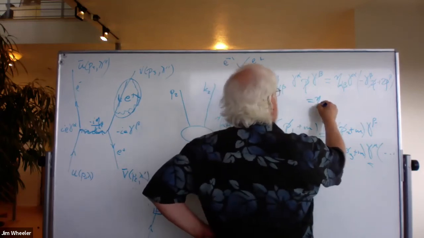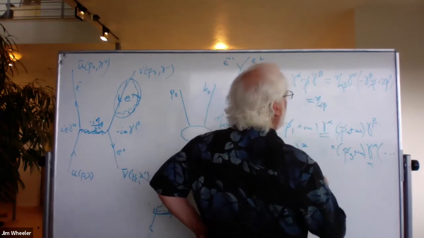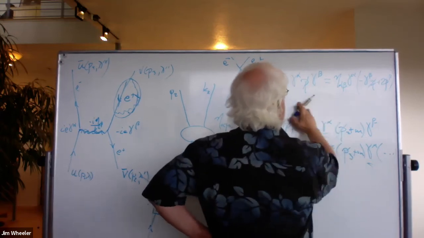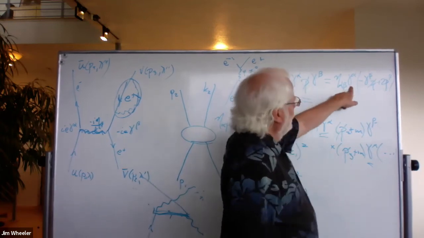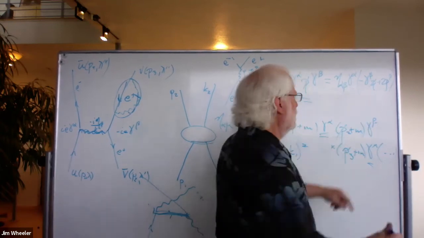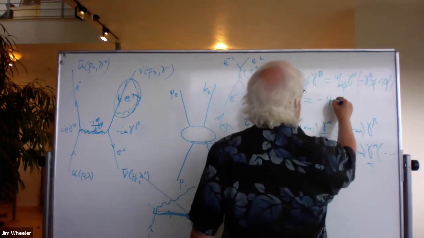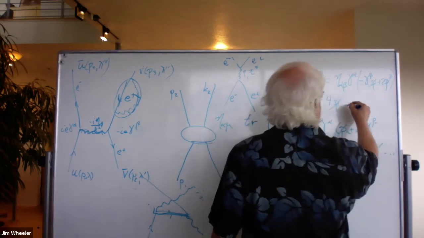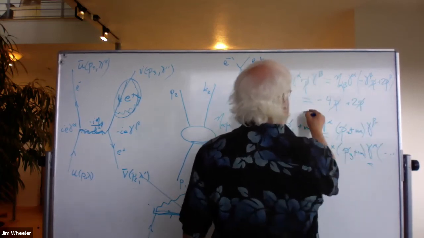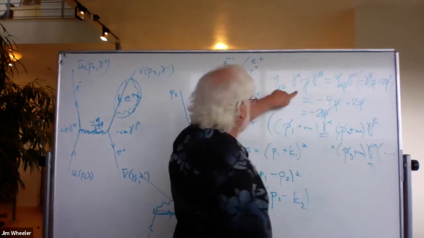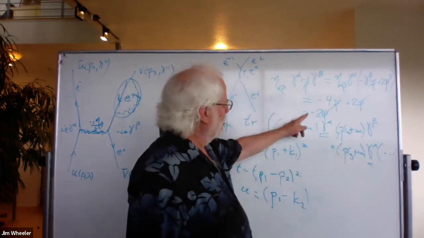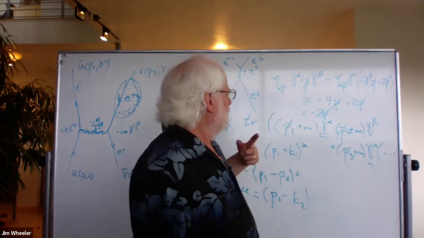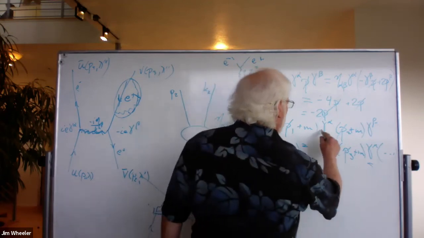And let's see, so you've got eta alpha beta. Let's see, what is it we want to do here? Oh, no, we're already there. Eta alpha beta on the product of two gammas is 4. So we're going to get minus 4 P slash. But then this eta, that gamma, and that P gives a plus 2 P slash. So the net result is minus 2 P slash. So if you ever see this in your calculation, you can replace it by minus 2 P slash, and you've gotten rid of 2 gammas. Now, you can carry that trick further.